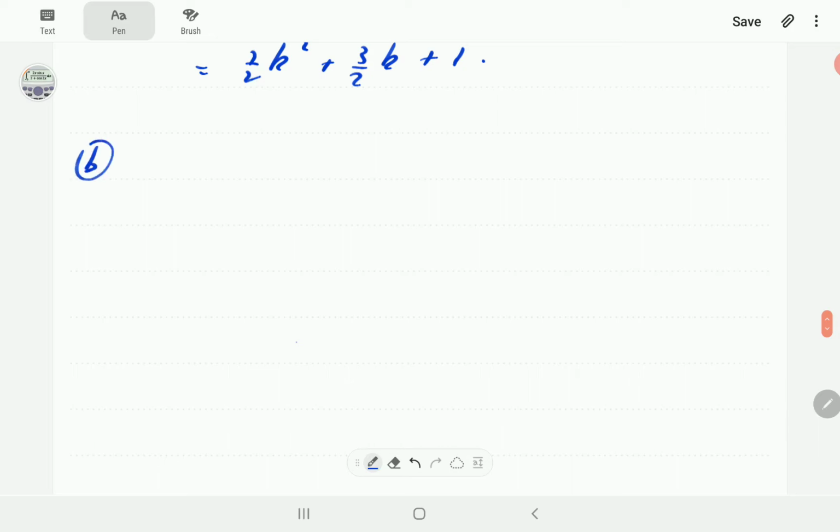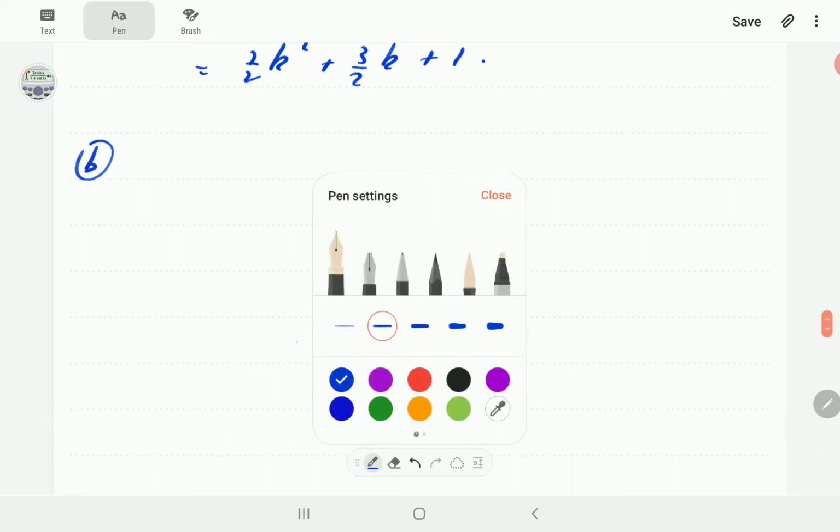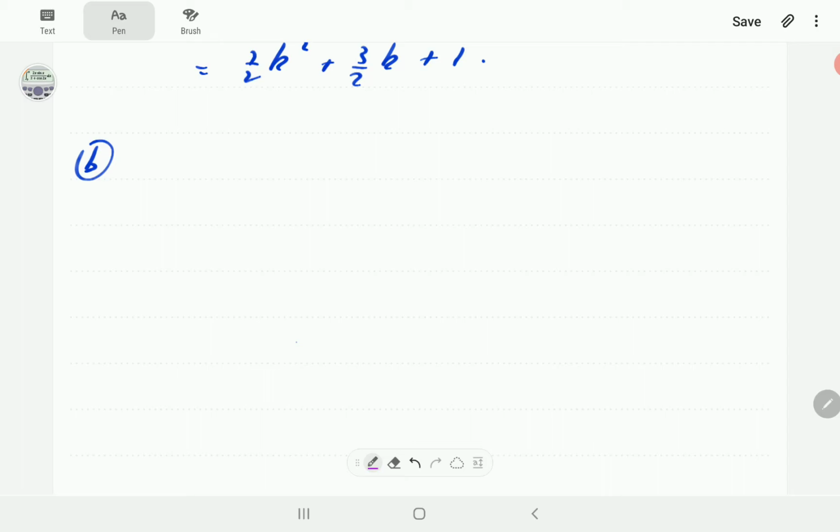We are now going to go to B. In B we have the summation of 2i minus 1 from i equals 1 to n, and we are told that this is equal to n squared.